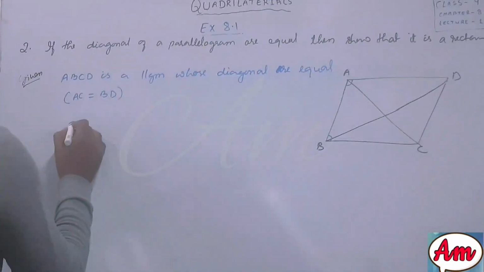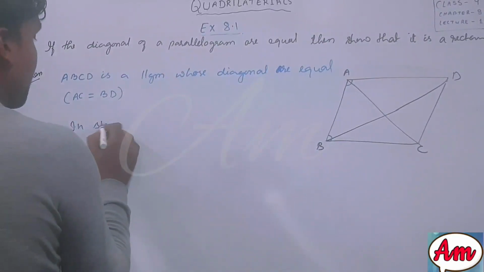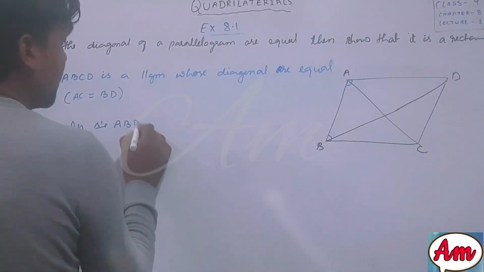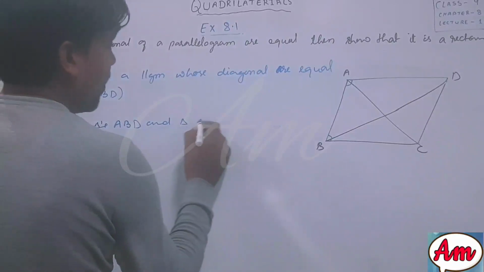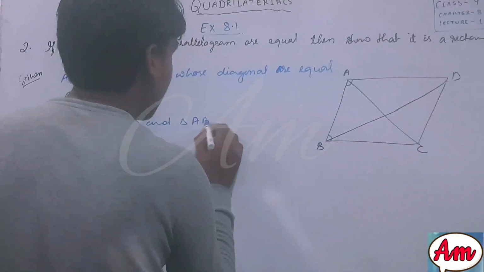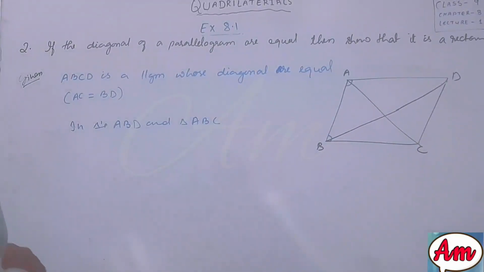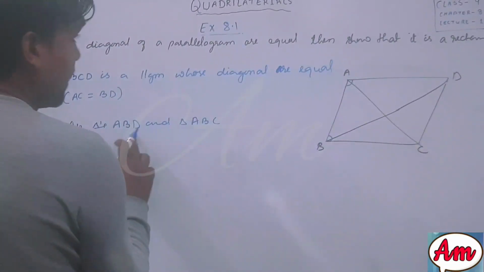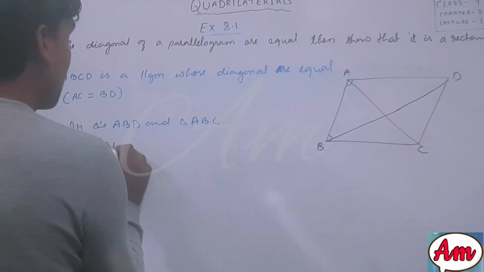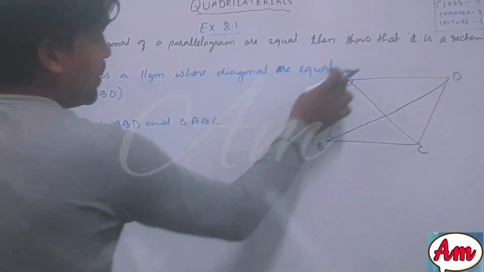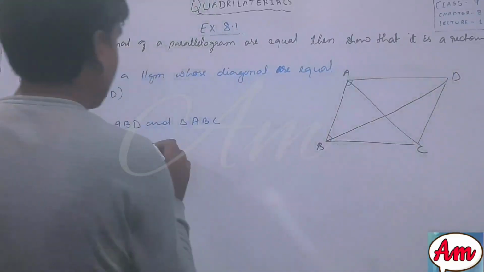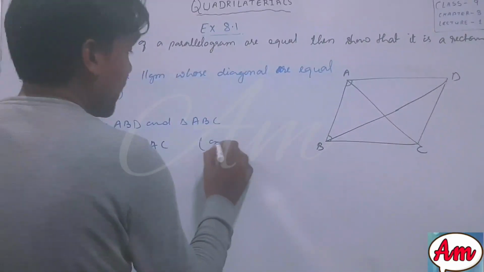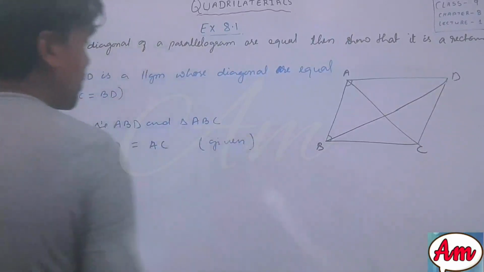So in triangle ABD and triangle ABC, first of all, what is given, BD is equals to what? BD is a diagonal and AC is also a diagonal. So BD is equals to AC. Why I am writing this? Because it is given in the question.